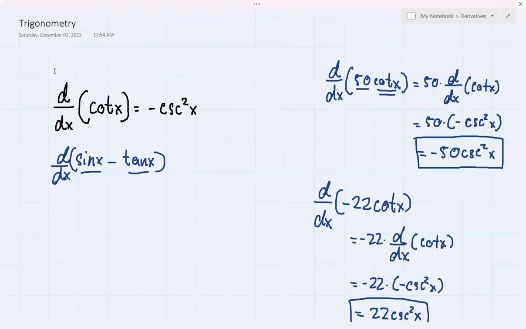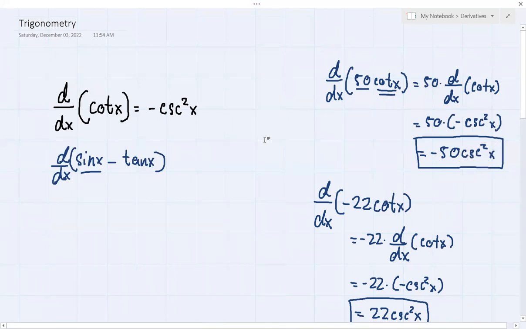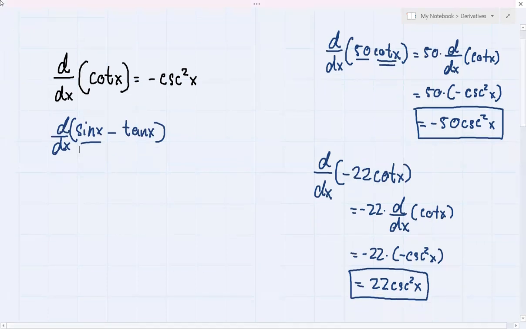Then there will be some practices na rin kasi kung mapapansin nyo, lahat ng answers na binibigay ko, meron din siyang simplified form. Katulad nito, si cosine squared x, meron siyang simplified form. Right? So, the same thing na rin sa mga questions. So, kunwari, let's just say we have tangent x times cosine x.